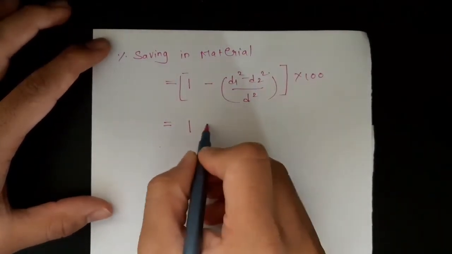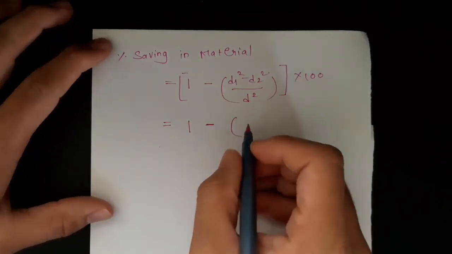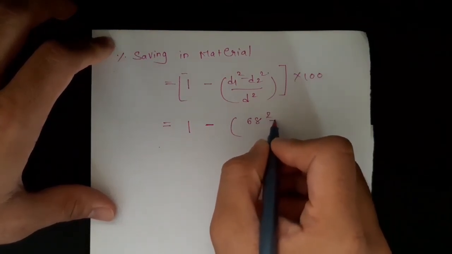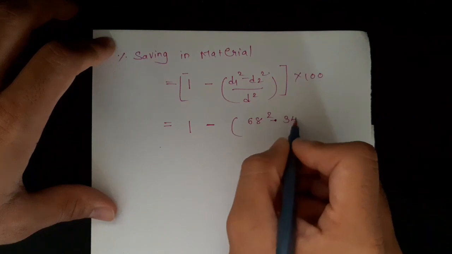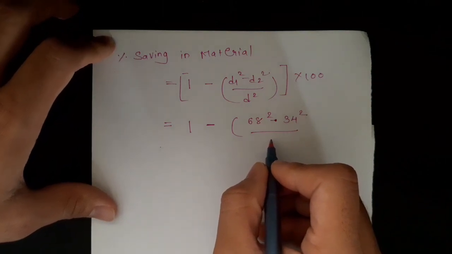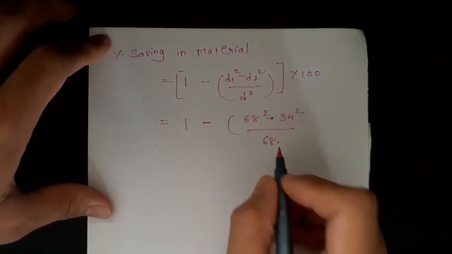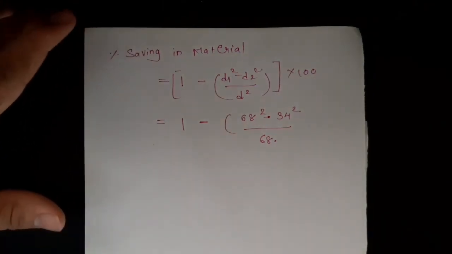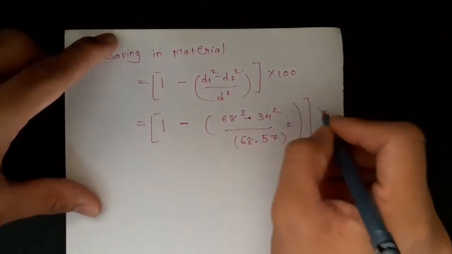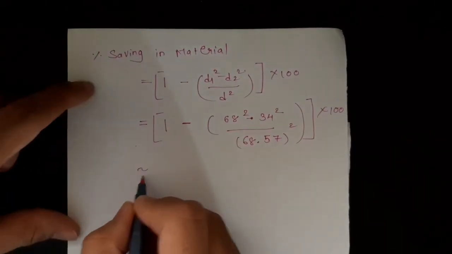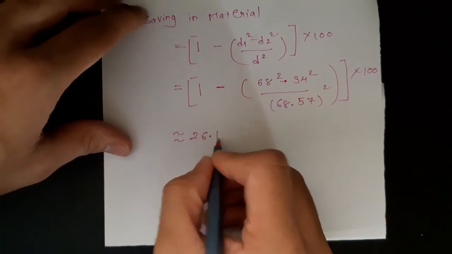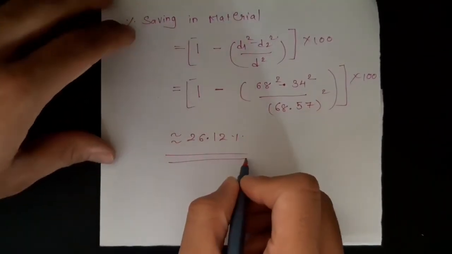Put the values and we can get the percentage saving in material. d1 is 68 square minus d2, which is 34 square, divided by d, which is 68.57 the square. Calculating this we get the value nearly equal to 26.12%. This is the percentage saving.